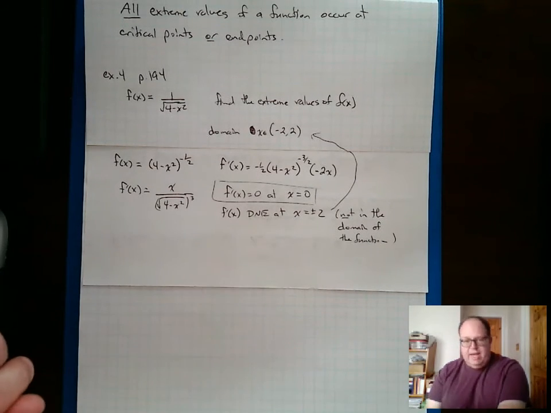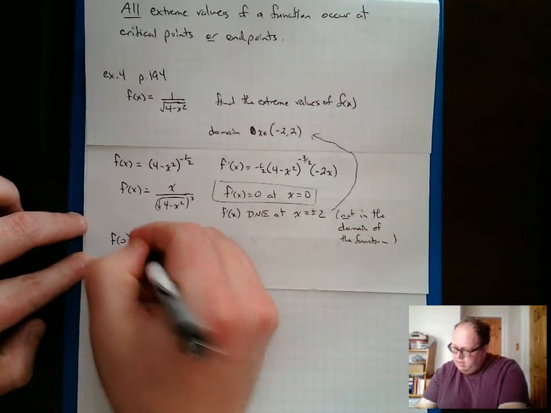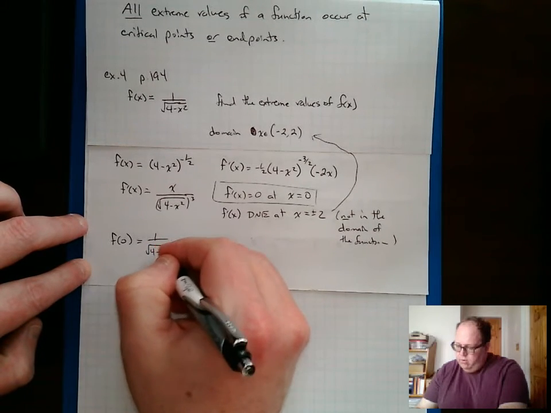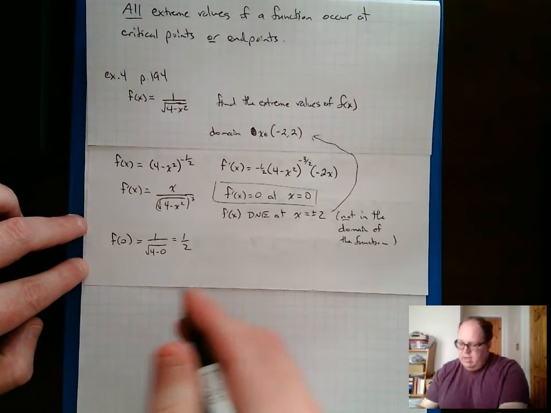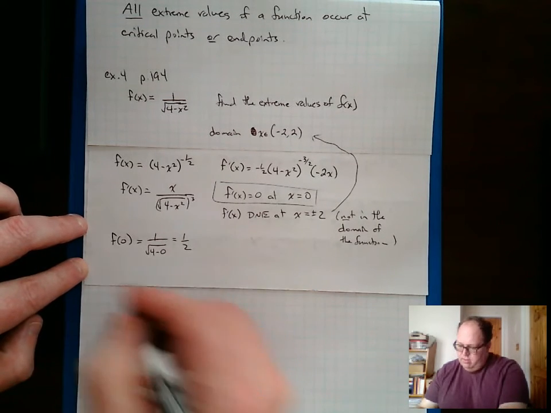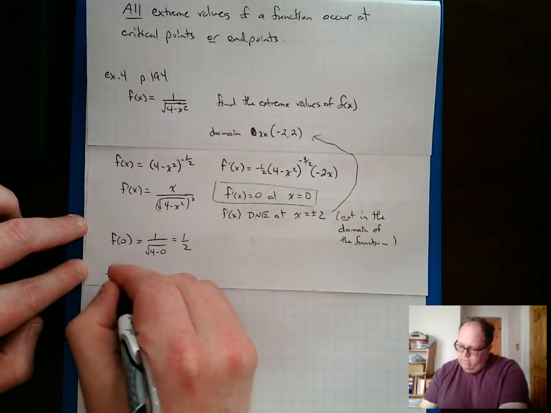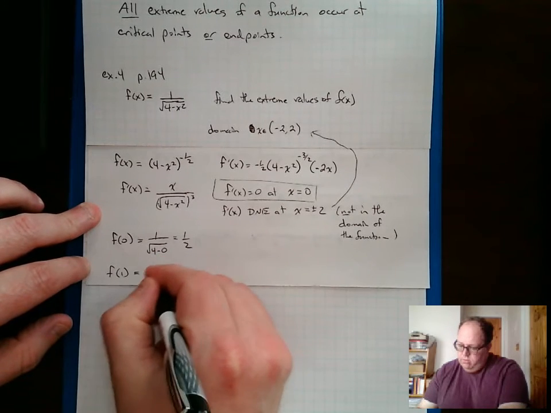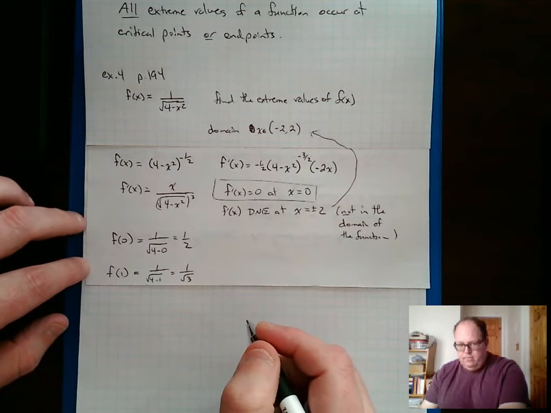So, is this a maximum or a minimum? I know that f of 0 is going to equal 1 over root 4 minus 0, or 1/2. If I try a couple of other points around this, f at 1, for instance, would equal 1 over root 4 minus 1, which is 1 over root 3.